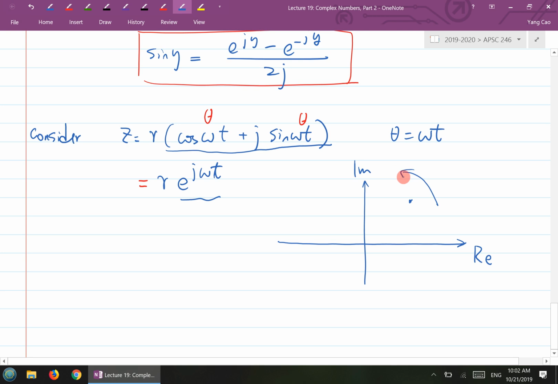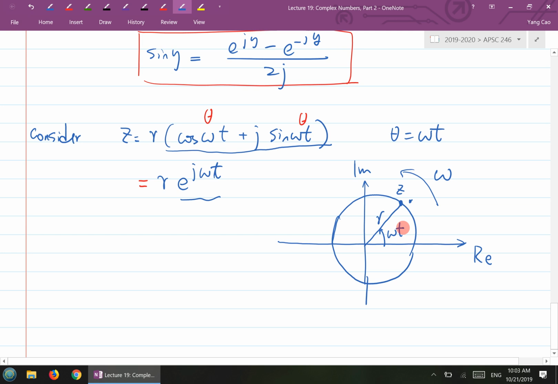The theta keeps changing at a constant angular speed omega. So if you plug in different t's and plot all of that out, you're going to get a circle for z. And z is on the circle, moving at an angular speed of omega. At any location, its modulus is r, and this angle is omega t.